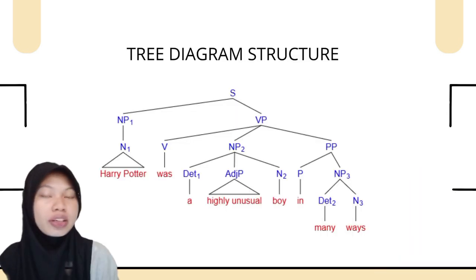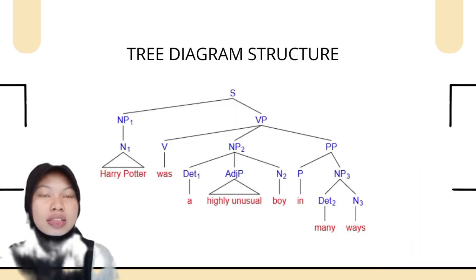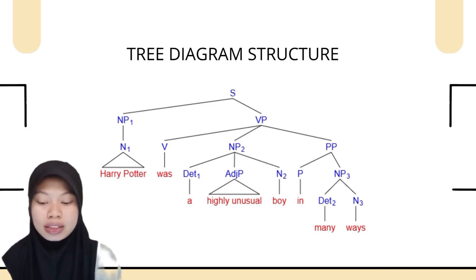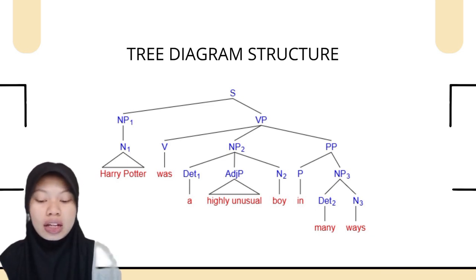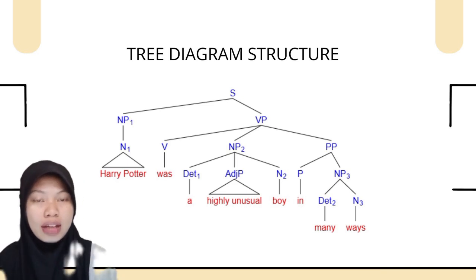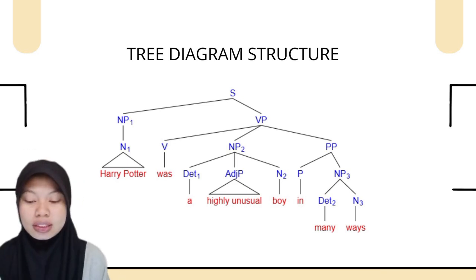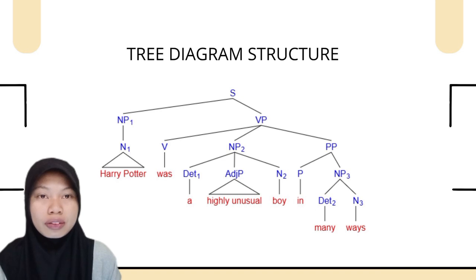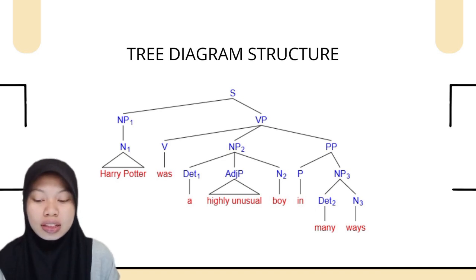Next is the tree diagram structure. This is the tree diagram for the same sentence. It visually shows the structure that I analyzed. Let me explain it. From the top, S or the sentence, the top node S represents the whole sentence.